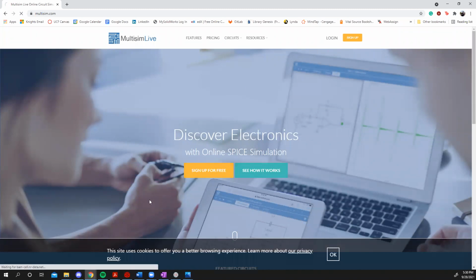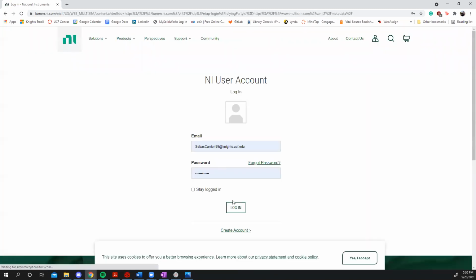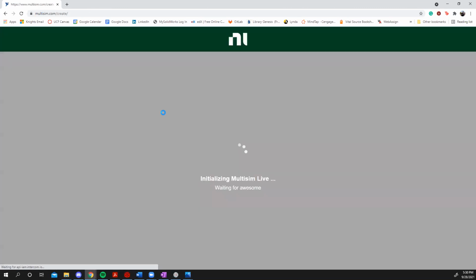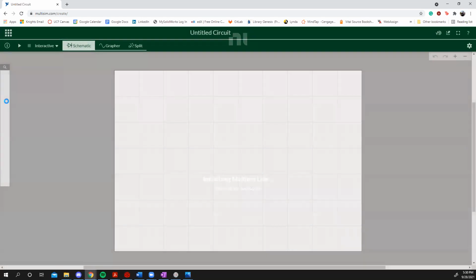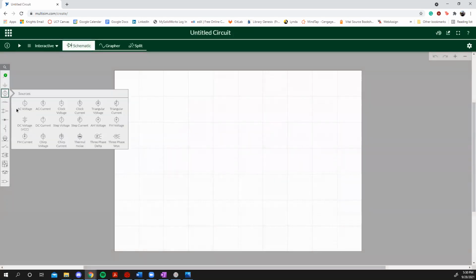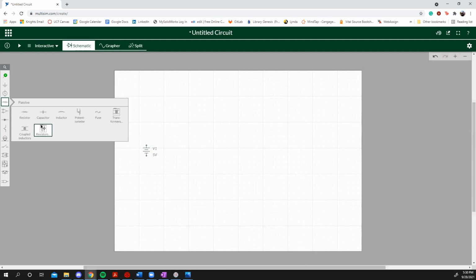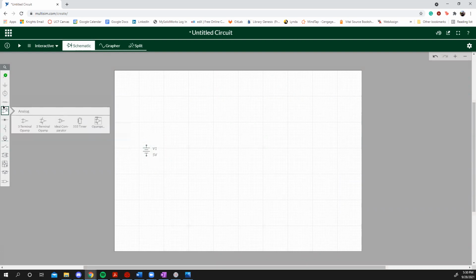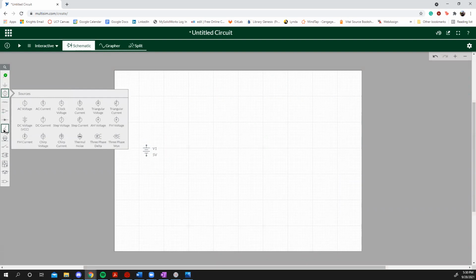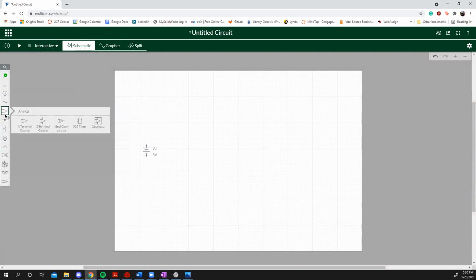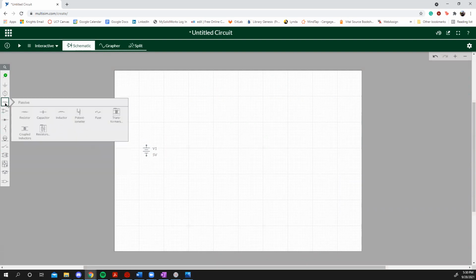You make an account. I think my stuff is already, show you this. Yeah, you can make it DC. Yeah, and components. You have your dependent sources somewhere around here. Anyways, yeah, you can simulate this.